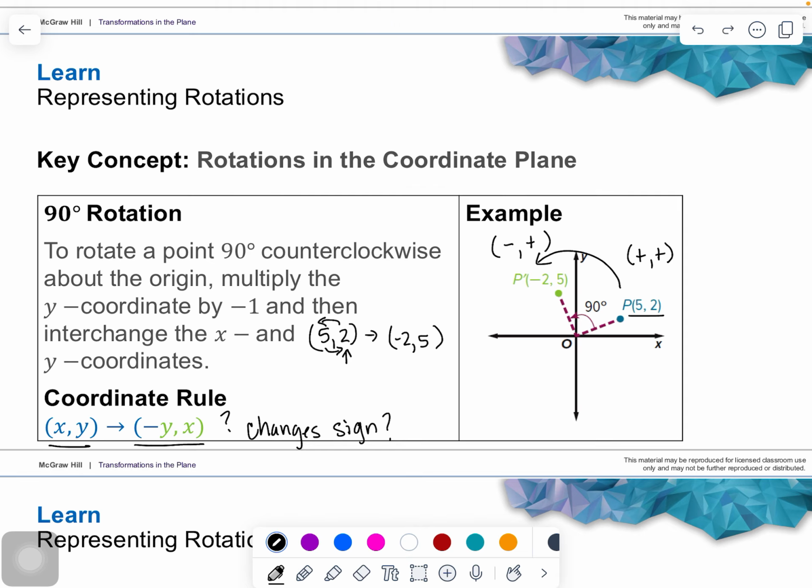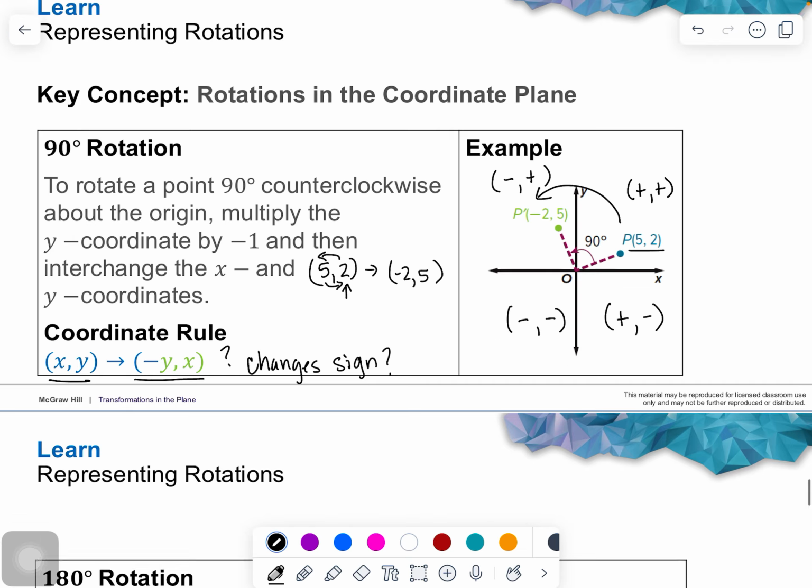And down here in the third quadrant, it's negative, negative, and in the fourth quadrant, it's positive, negative. So if you can keep track of which quadrant you're going into, you can also just use the correct signage.